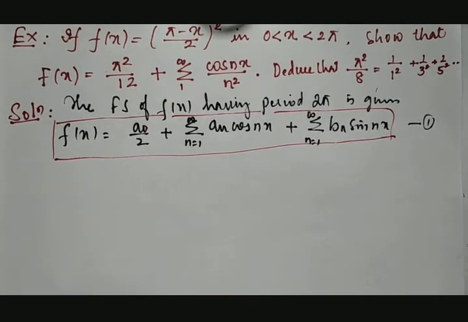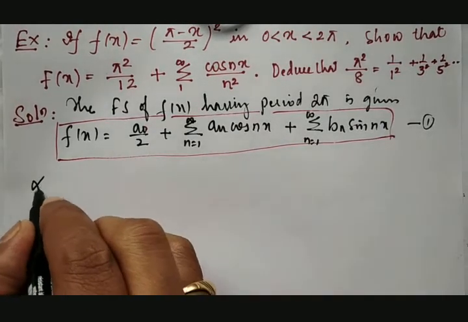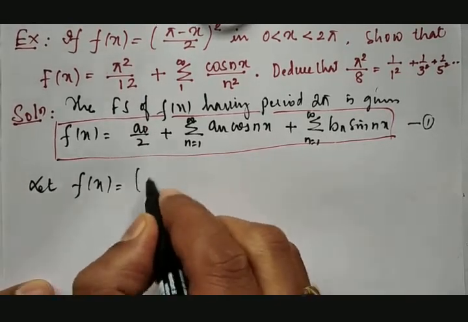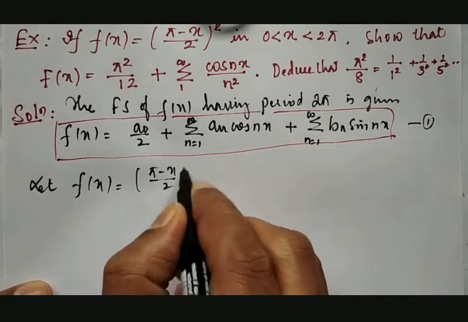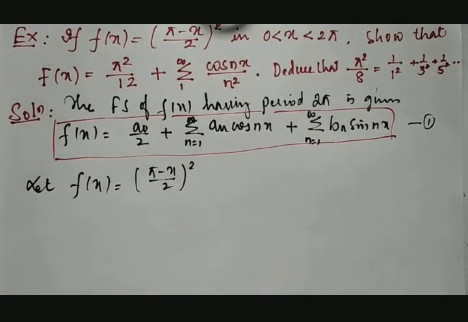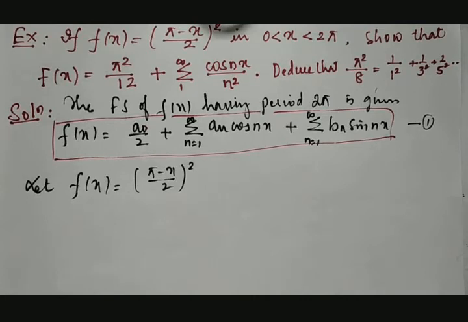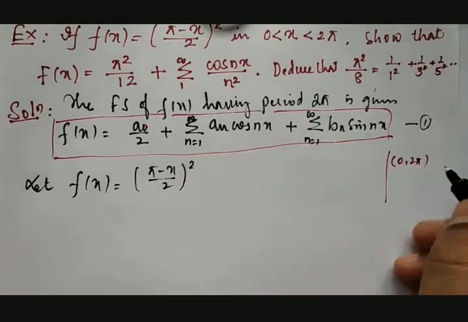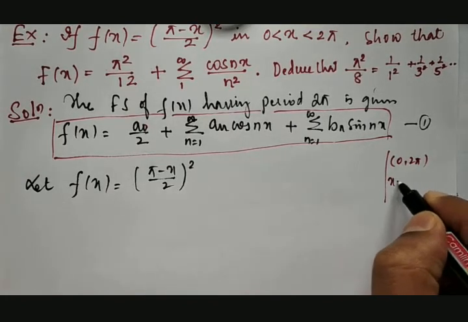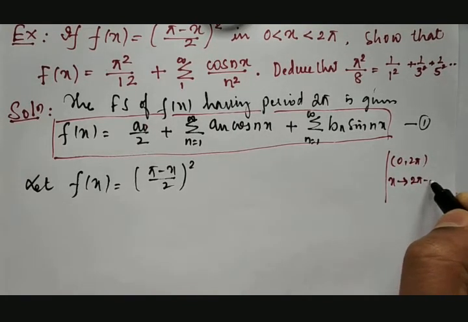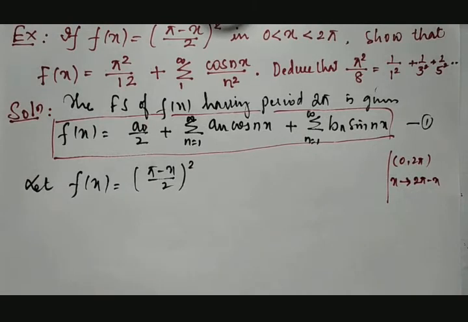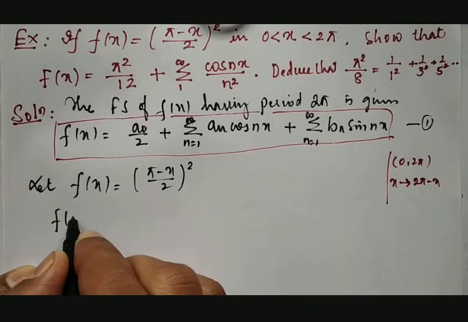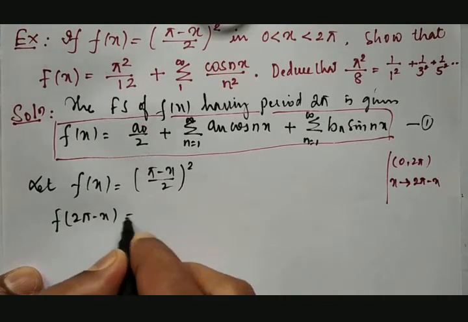Fine. But very first we'd like to check the nature of the given function. Here f of x is equal to (pi minus x divided by 2) the whole square. Since the given function is between 0 to 2 pi, therefore x is going to be replaced by 2 pi minus x. If we replace x by 2 pi minus x, what happens?